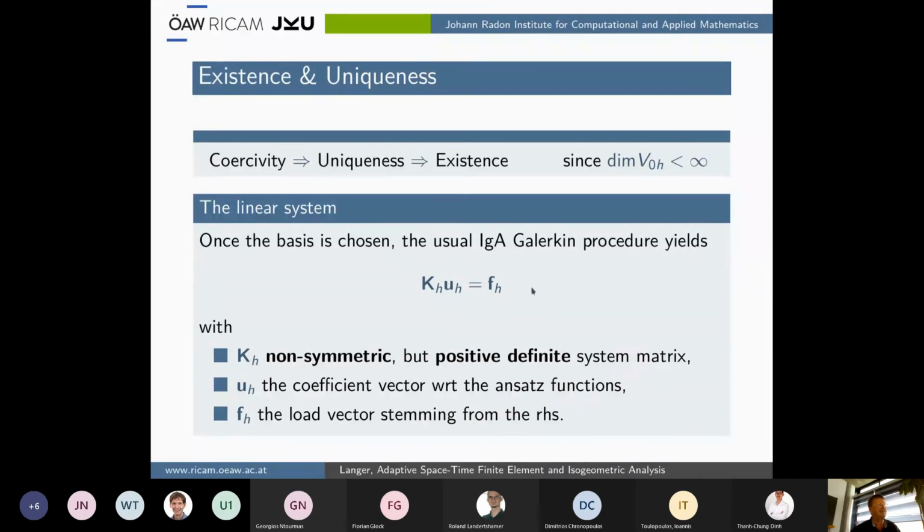We solve only one system. So if this is unique, then the matrix is invertible, so you have a unique solution. The matrix is non-symmetric, of course, because you only have one time derivative, but positive definite. Okay. If you have solved this big system, then you have solved the problem.